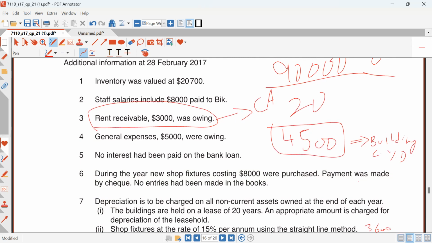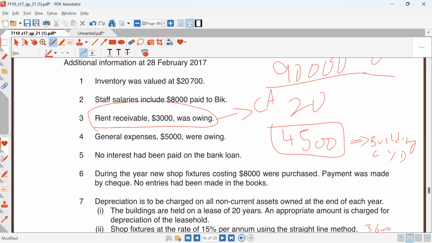By mistake, we had included this in staff salary. So we had to subtract it from staff salary and include it in drawings because BIC is the owner. The owner is transferring this to his personal bank account. That's part of drawing. When the owner uses the money for his personal use, that's drawing. So this is given in the question that drawings of $8,000.